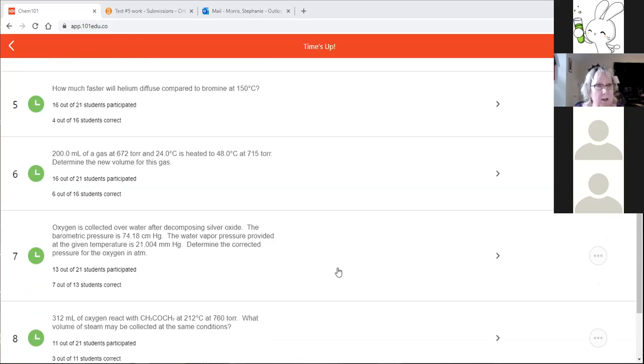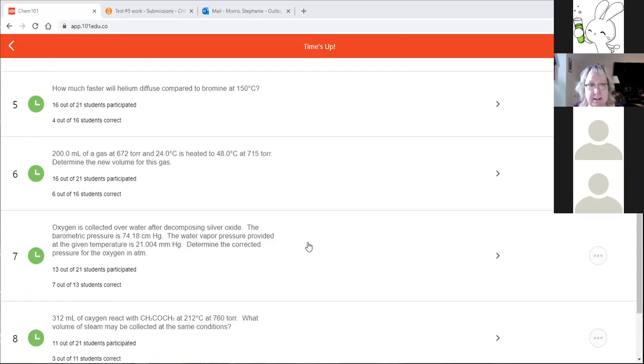The next 2 are pretty easy. Okay, number 7. Oxygen's collected over water after decomposing silver oxide. The barometric pressure, note, is in centimeters.